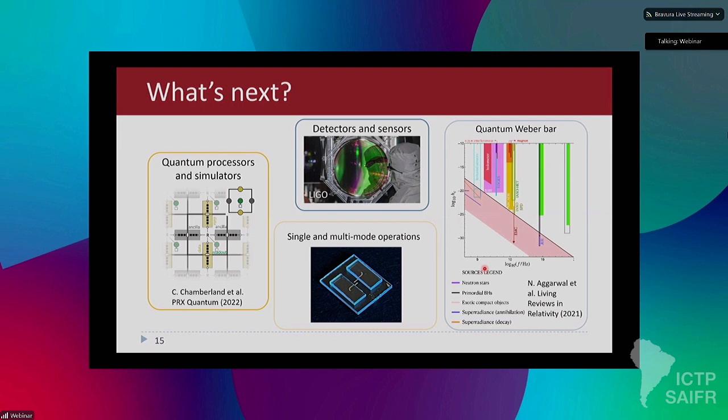Exactly. So maybe I should emphasize this more, right? Being allowed to enter this mechanical qubit regime was really enabled by the fact that our mechanics, but also our qubit, are relatively long-lived, of course compared to our coupling strengths.